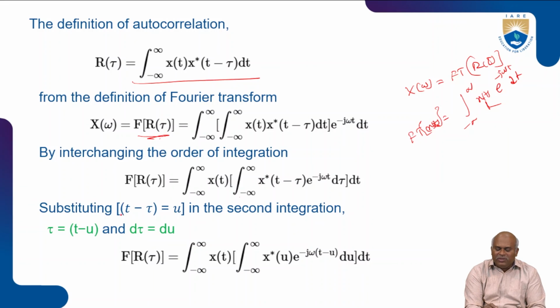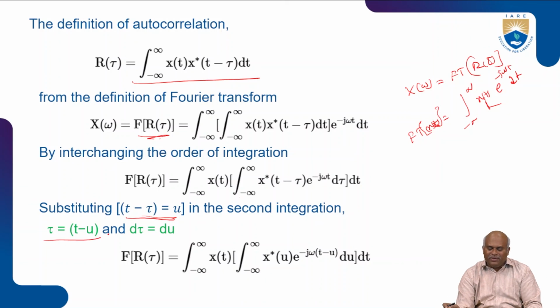Now I substitute t minus tau equal to u in the second integral. At the same time, tau is equal to t minus u and d tau is equal to du. Substituting all this into the equation, the right side becomes the integration of x of t, times the integration of x star of u e power of minus j omega t minus u du dt.